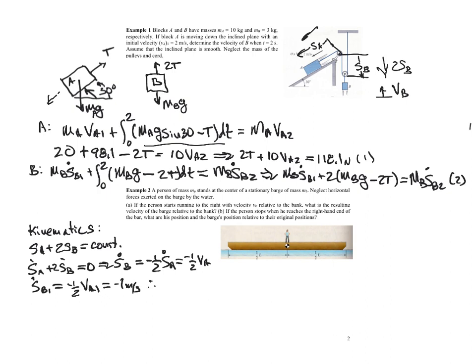And so equation 2 becomes, let's see, that's 3 kilograms times negative 1 meter per second, plus 2 times 3 times 9.81 minus 4t.